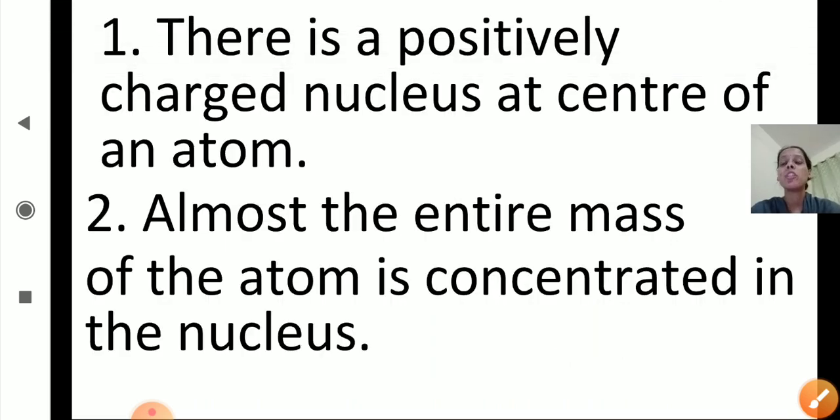There is a positively charged nucleus at the center of an atom. Almost the entire mass of the atom is concentrated in the nucleus.